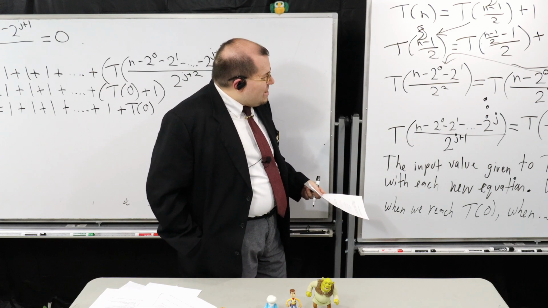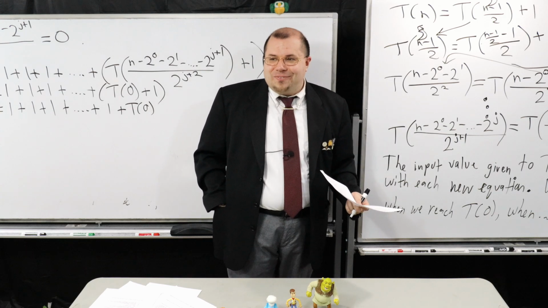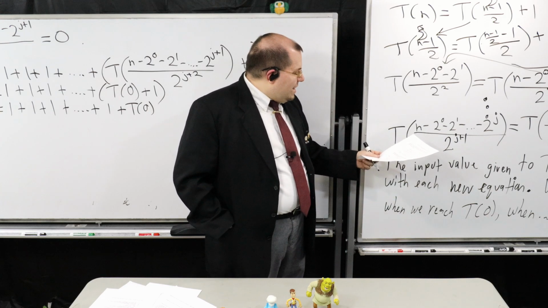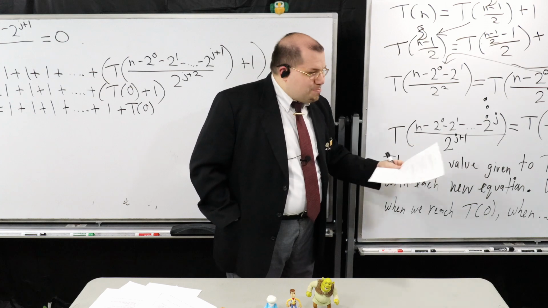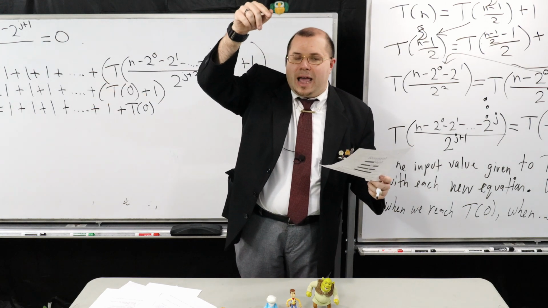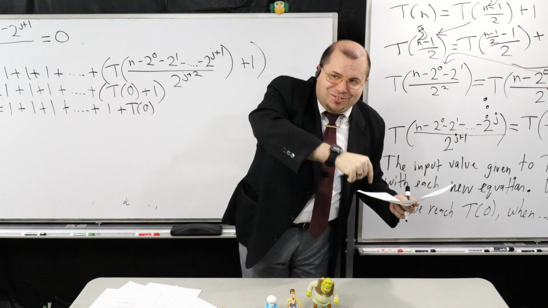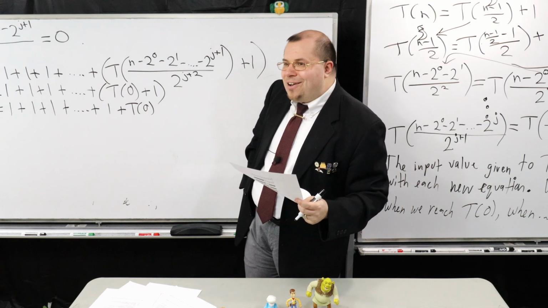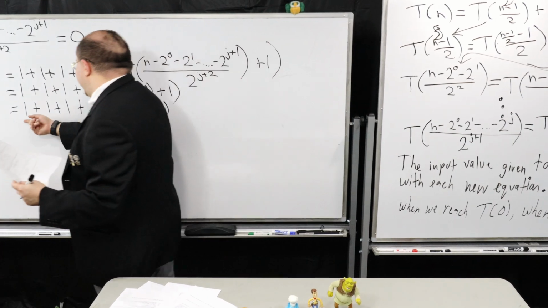So you might ask how many equations I have if I give you where I have specifically j plus 1 of them, but that final one is going to be when I have it where it's j plus 2. So the question I have for you is how many 1s are sitting right here?